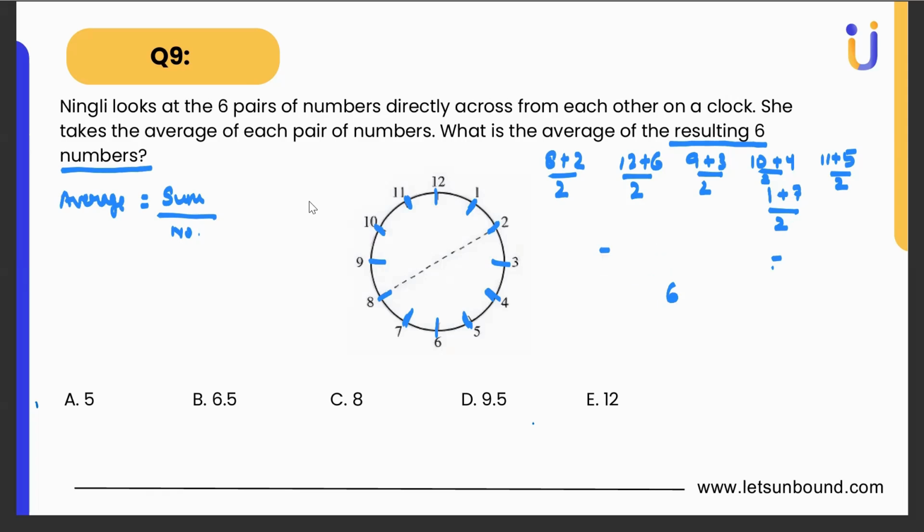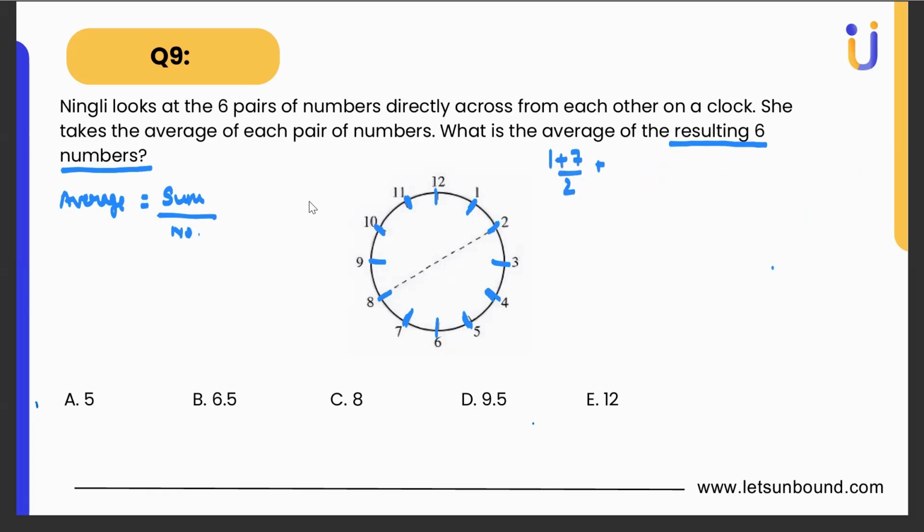Now, instead of just going by the definition or going by the instructions that they have given us, I would suggest you use a shorter method or a shortcut method to do it. Now think about that when you're finding out these 6 numbers, you're ideally adding all the numbers, right? Because let's say, I'm doing 1 plus 7 divided by 2.